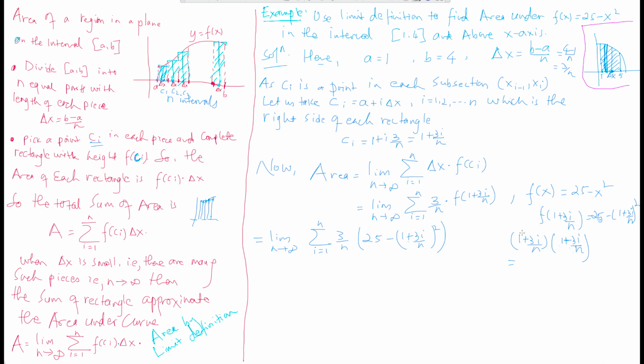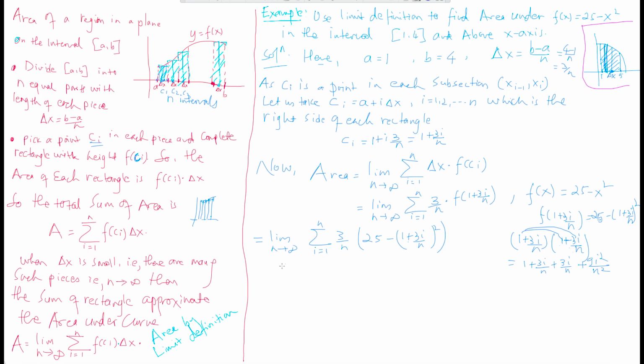Then you do the other terms: 3i over n times 1 is 3i over n, then 3i over n times 1 is another 3i over n, and then 3i over n times 3i over n is 9i squared over n squared. That's what you get.